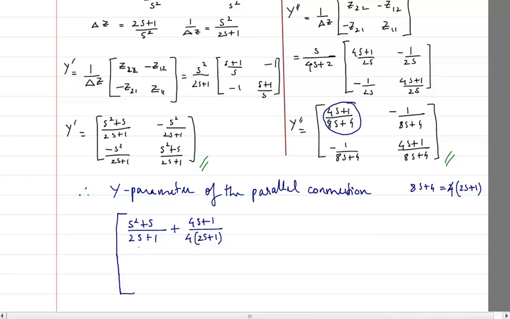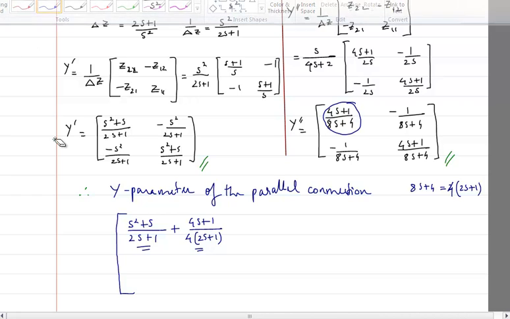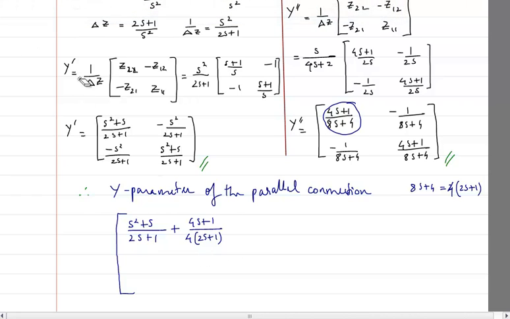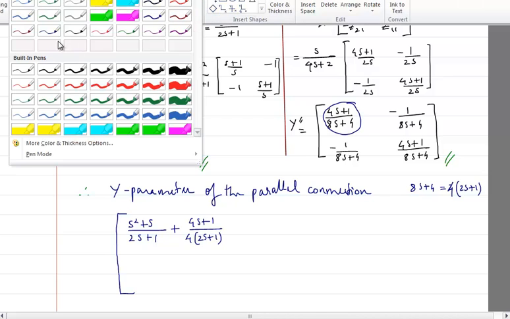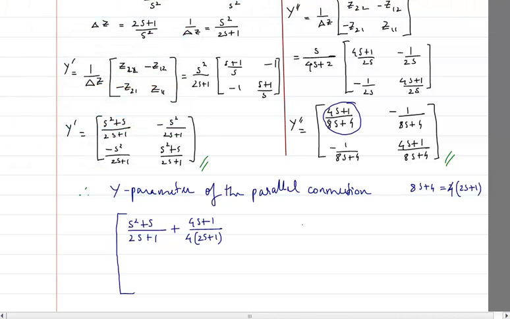Why I have done like this? Because I see that here and here both of them are going to have a common denominator. So that is the first case.